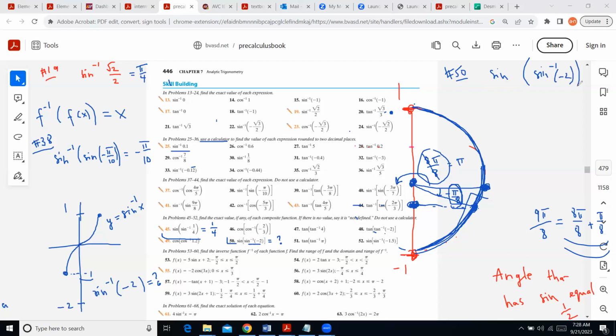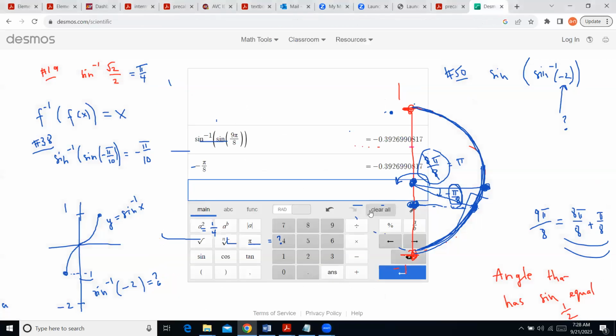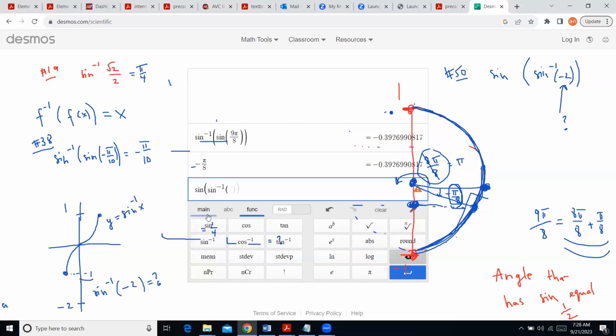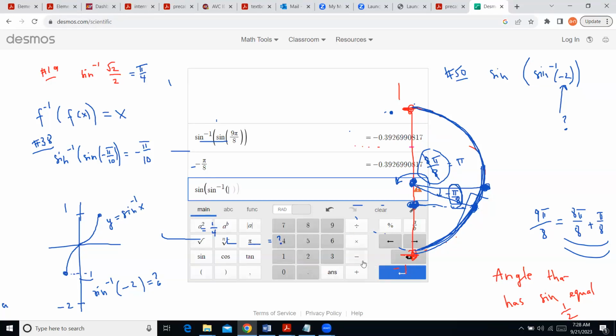Then the problem is with -2 because it's out of range, and I want to use a calculator to show this to you. So I go to functions, take function sine, apply it to arcsine, and then go back to main and try -2 here. And notice it is indeed undefined.